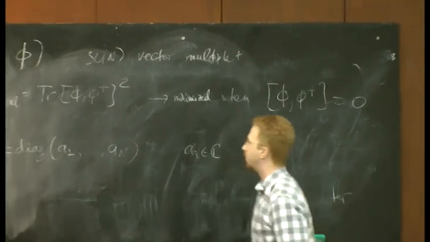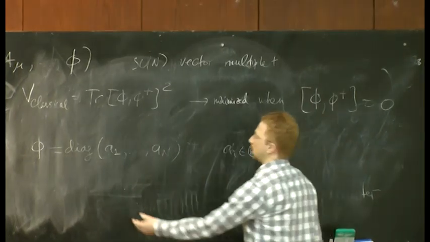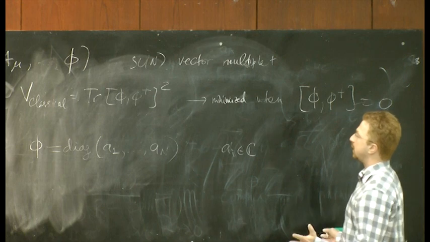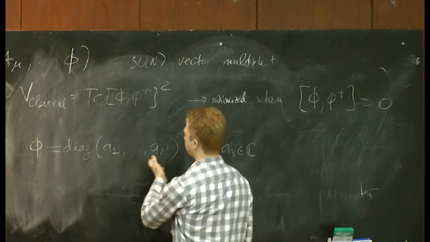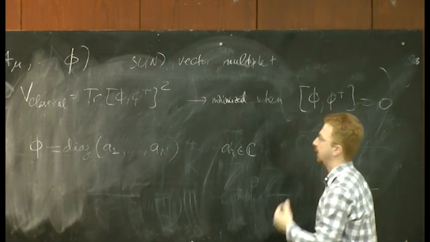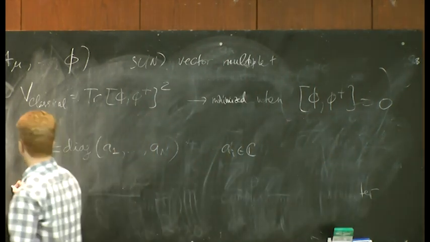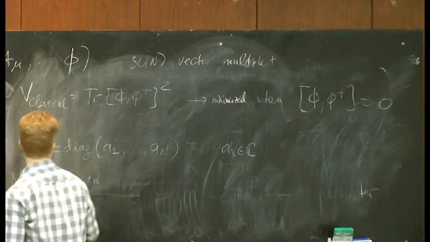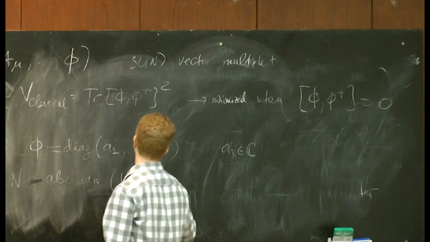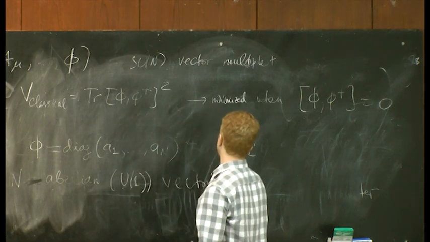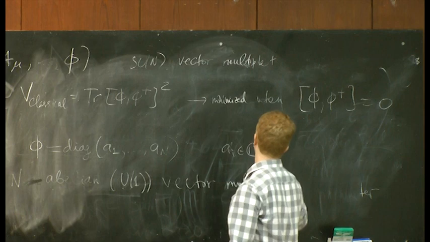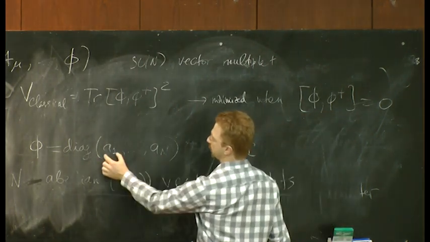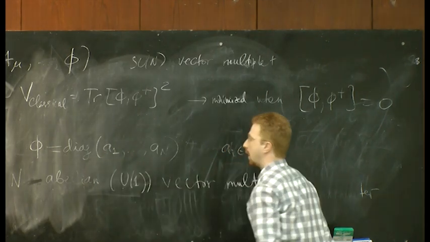So the a's are complex numbers. So if you're sitting in a classical vacuum where phi has this expectation value, where the eigenvalues are distinct, then what you see are n abelian U(1) vector multiplets. So these are the vector multiplets whose lowest component, whose scalar component, is the corresponding eigenvalue.